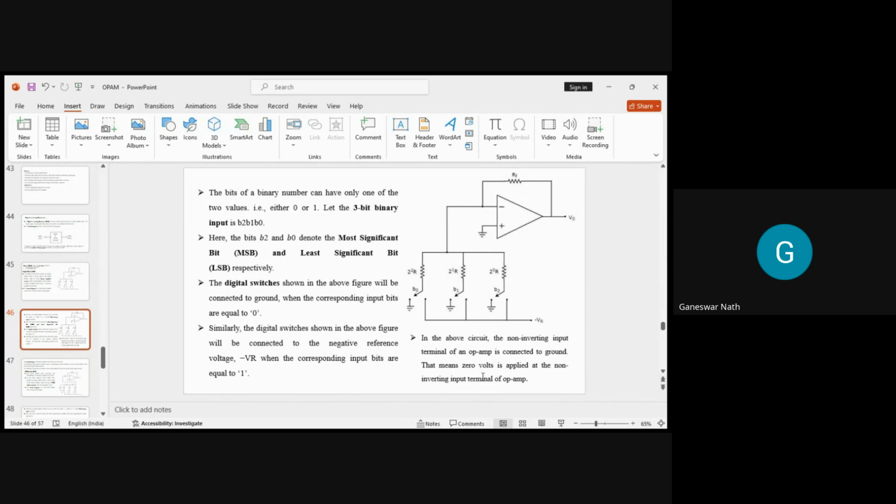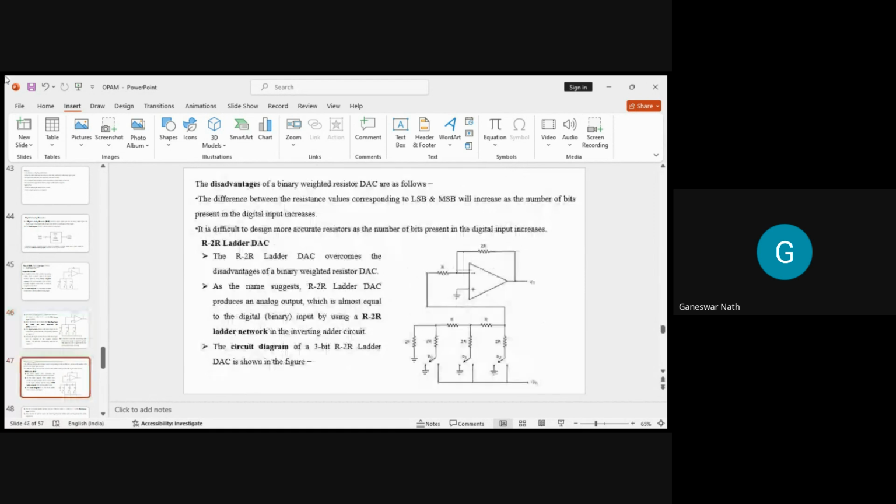And in this circuit diagram, the non-inverting input terminal of the op-amp is connected to ground. That means 0 voltage is applied to the non-inverting input terminal of the op-amp. Here you can get the 1 and here you can get the 0. So accordingly you can get the output here.